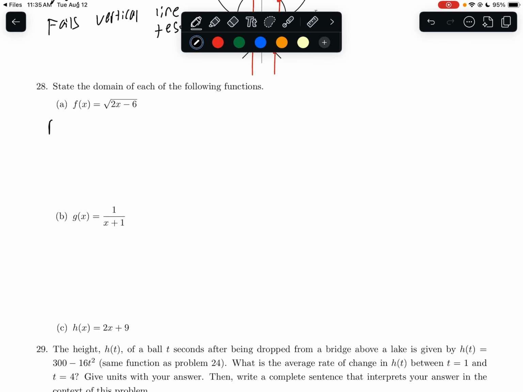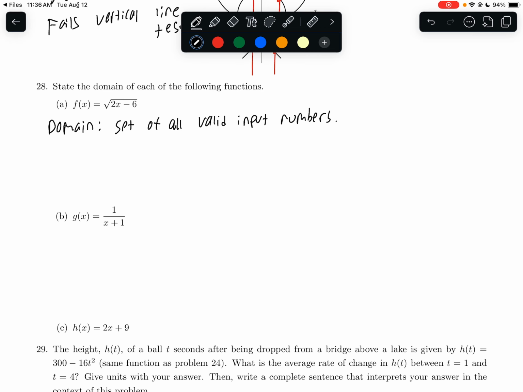Because the domain, just as a quick recap, we could describe it as the set of all valid input numbers. When I say valid, I mean I can put numbers into the function and nothing bad happens. I don't break any rules in math. So this is what we're looking for.